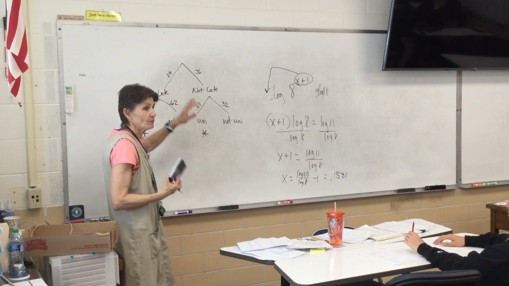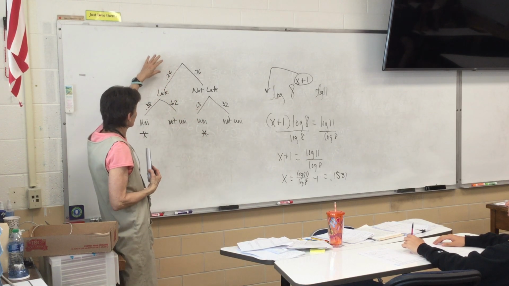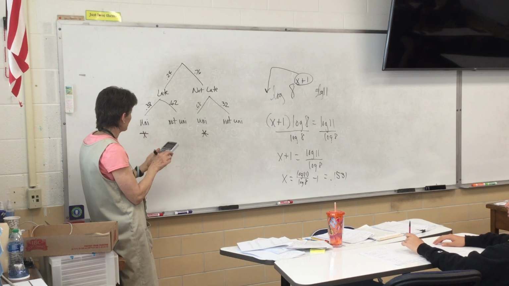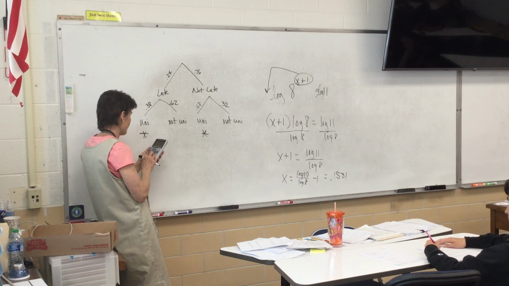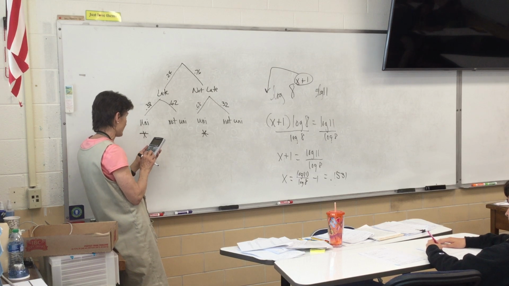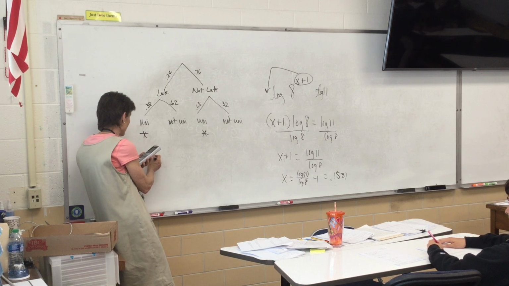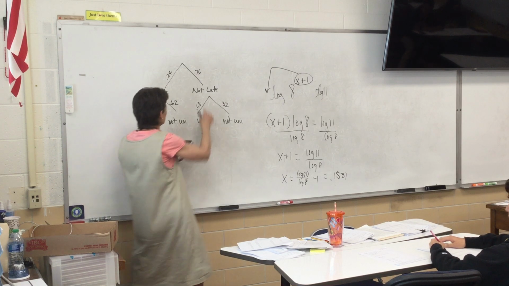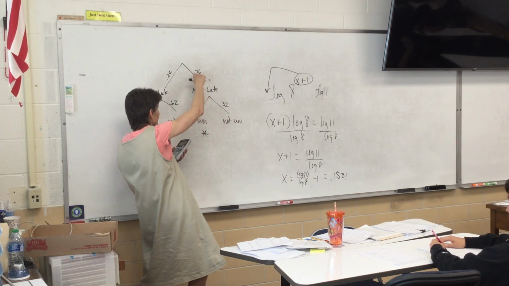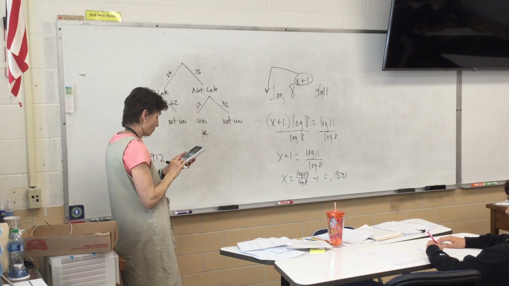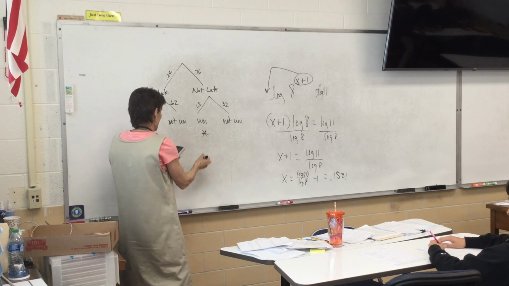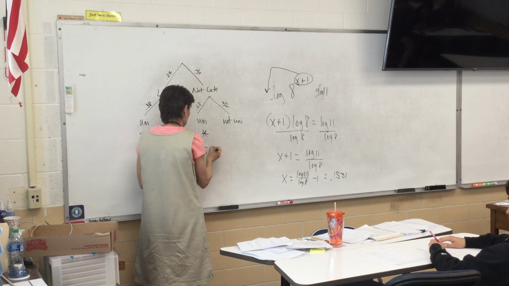So remember what we do once we get our tree made? We multiply these two, so 0.24 times 0.38 is 0.0912. And then we want this one right here, so 0.76 times 0.68, 0.5168.